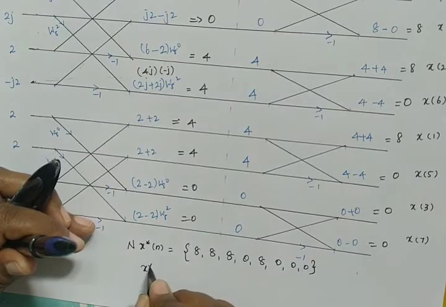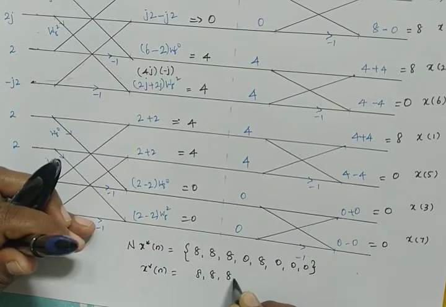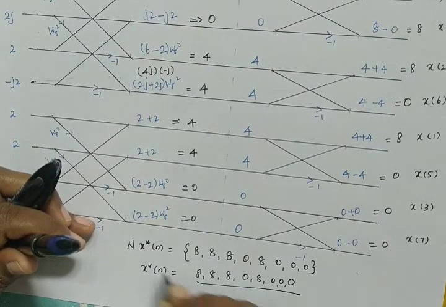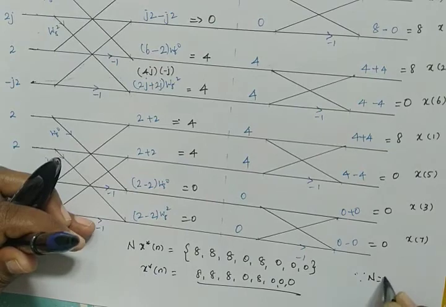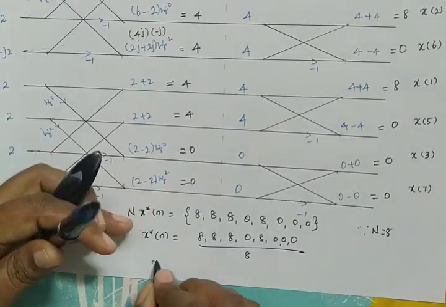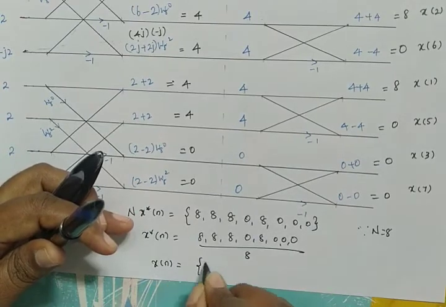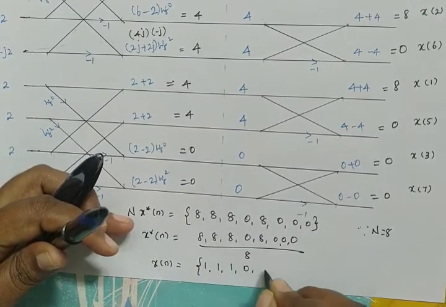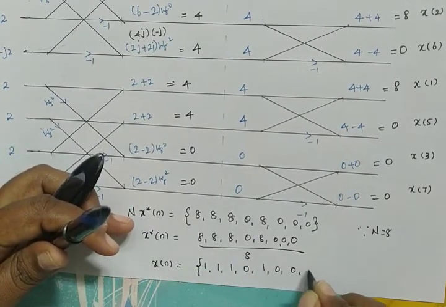Now x star of n will be equal to 8, 8, 8, 0, 8, 0, 0, 0 divided by, since we know the sequence N is equal to 8, so by 8. Finally we have x of n is equal to 1, 1, 1, 0, 1, 0, 0, 0.